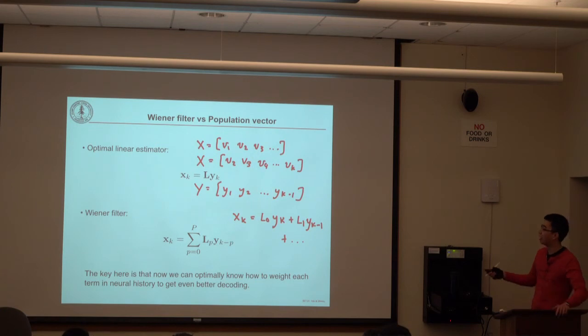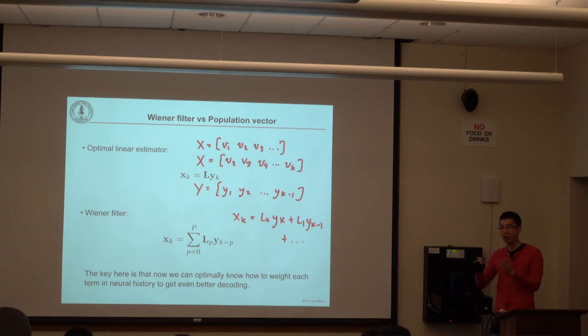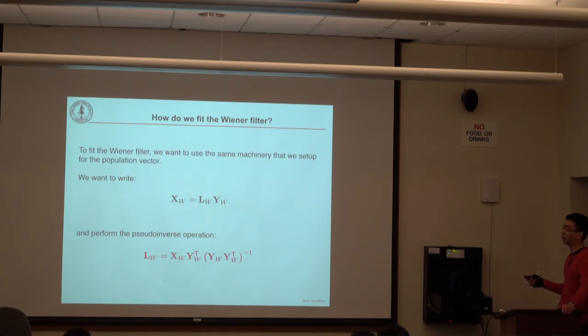So when I do the regression, I'm seeing how Y1 predicts V2 and how Y2 predicts V3. That would be one way to find L1. But it turns out that this isn't optimal because we're not considering how the data is autocorrelated in time, how it is correlated with itself through time. To take this into account, we're going to fit the Wiener filter.